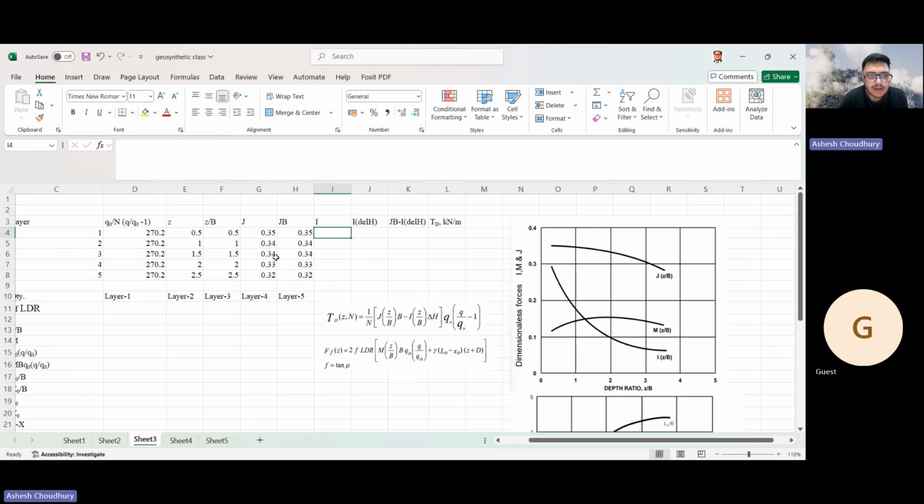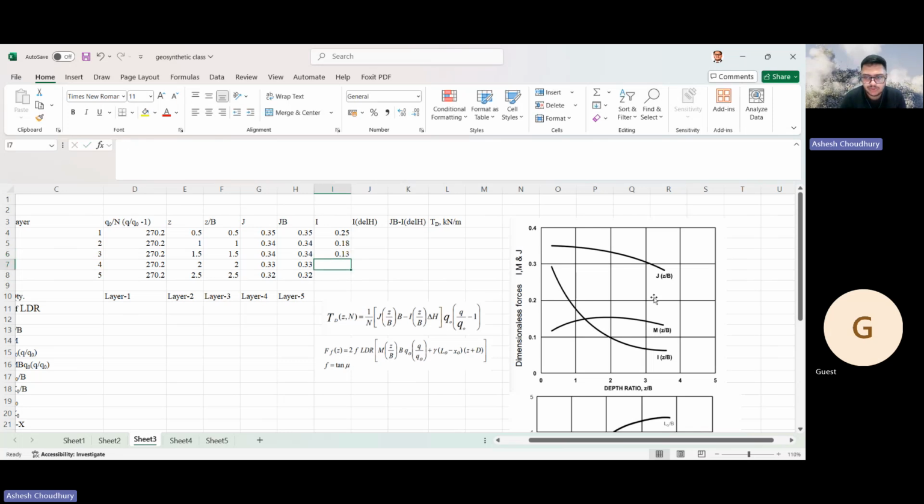For Z by B 0.5, I is about here, approximately 0.25. For Z by B 1, I is approximately 0.18. Then for 1.5, I is approximately 0.13.